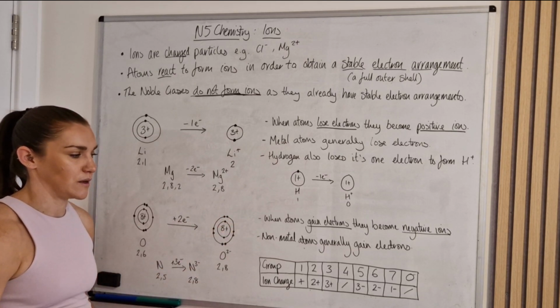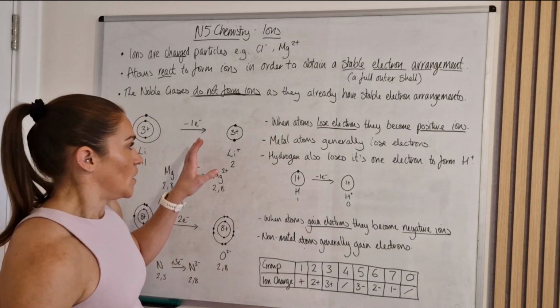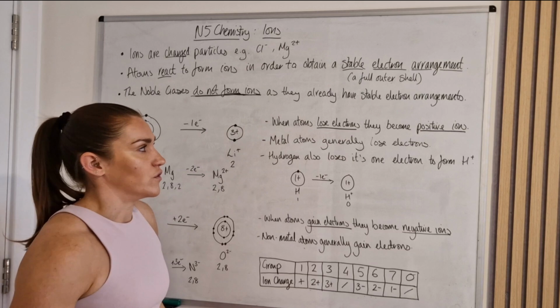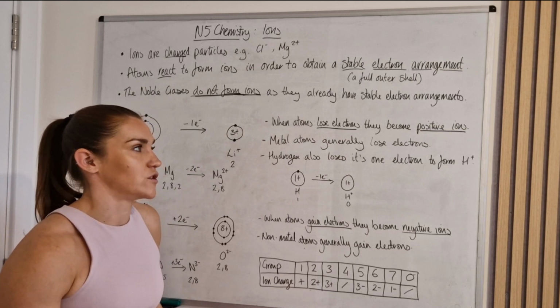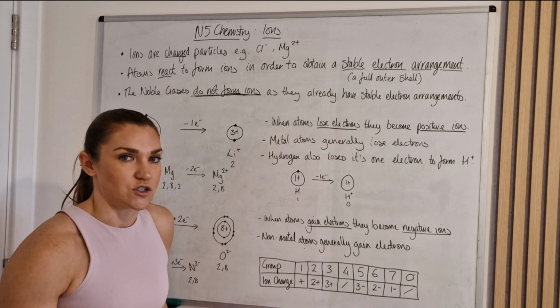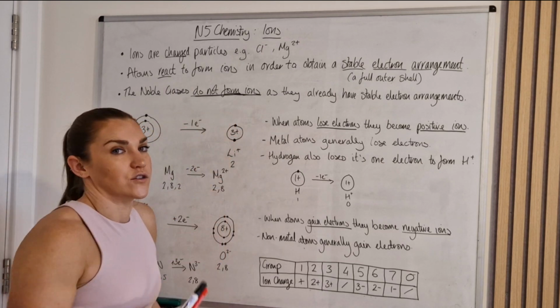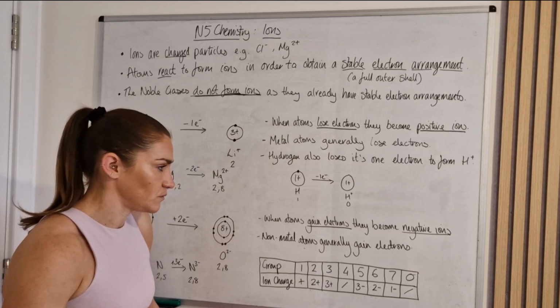This can be a useful thing to bear in mind when it comes to some multiple choice questions. Some of the multiple choice questions will involve something becoming a positively charged ion, and it will ask you which thing has changed, and quite often the answer is the number of occupied energy levels, because that's gone down.